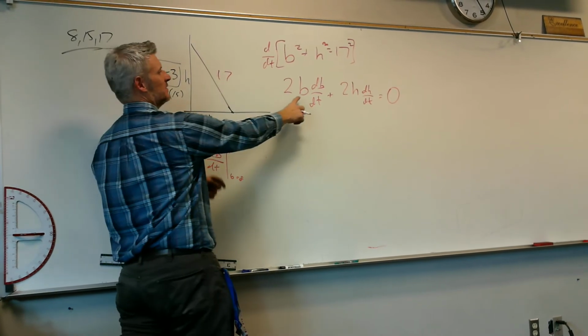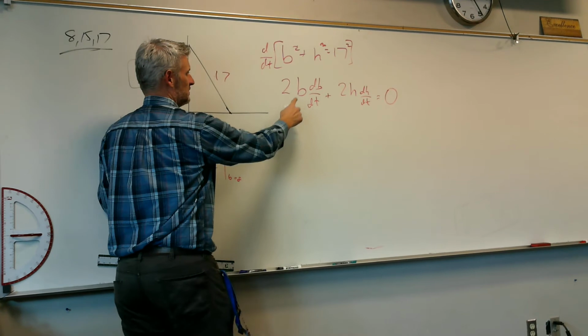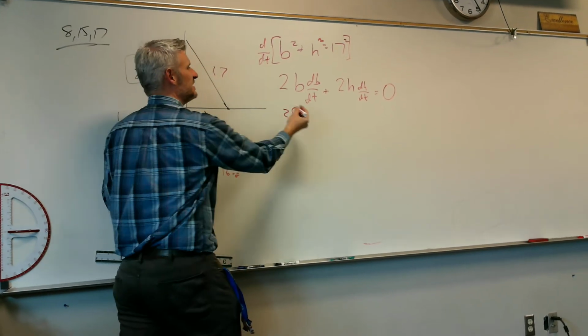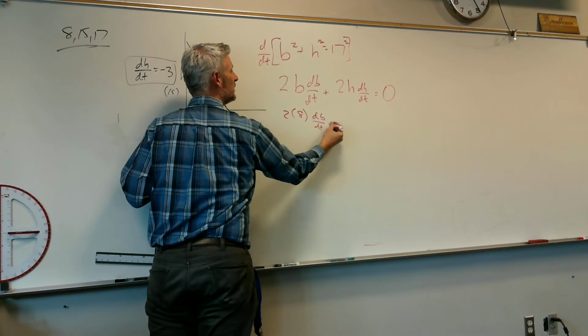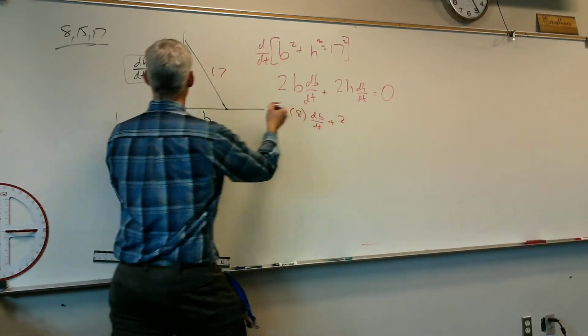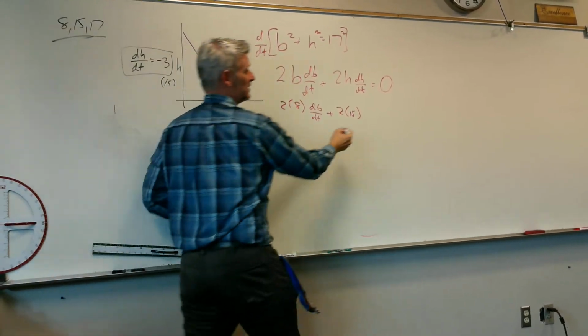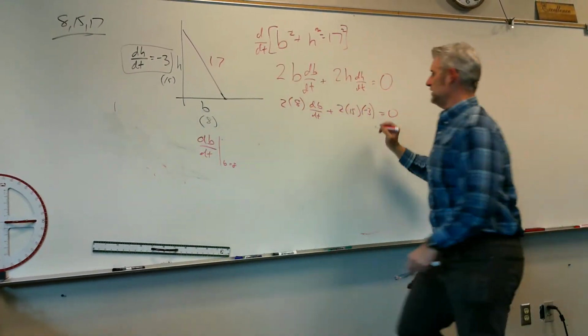All right, so let's plug in. What's B at that moment? 8. dB/dt at that moment, I don't know. H at that moment? 15. The dH/dt at that moment, I do know it's -3. And now I'm going to solve for it.